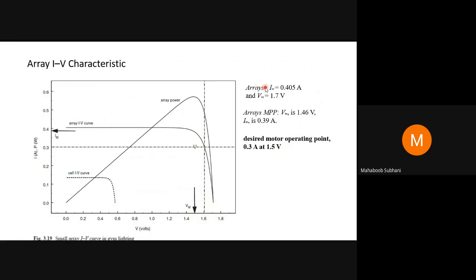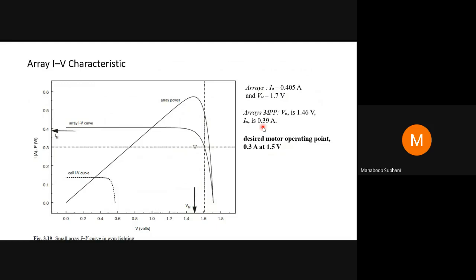But from our calculations, we got 1.46, and the current value is only 0.39. Okay, now there is a difference. Whatever value we calculated from the theoretical is not matching, or not falling under the curve of IV characteristics. So there is a difference here.